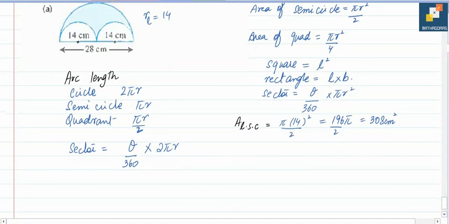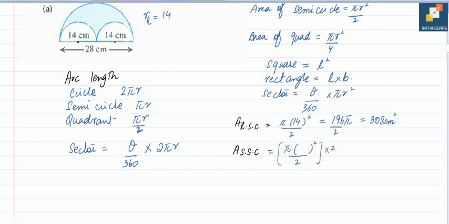Similarly, I am going to find the area of the smaller semicircle. Working formula is the same, that is pi r square divided by 2. Now can you tell me how many semicircles we have? We have 2 semicircles, so we need to multiply the area by 2.